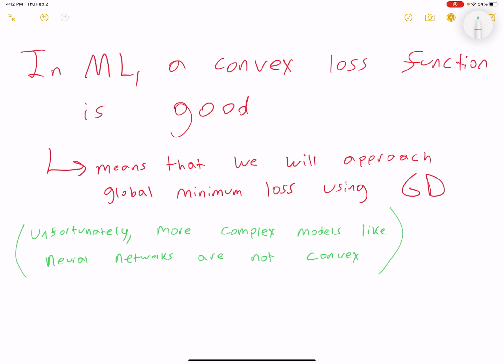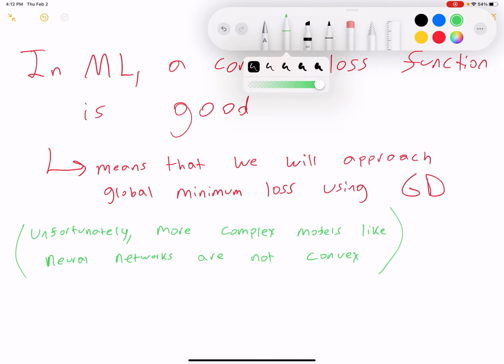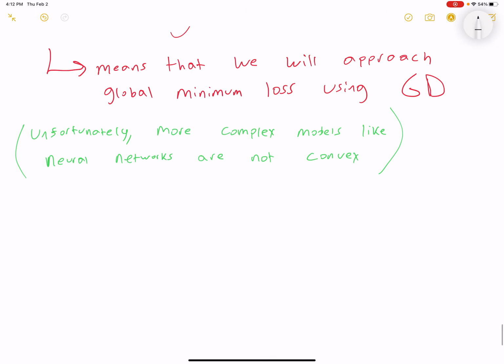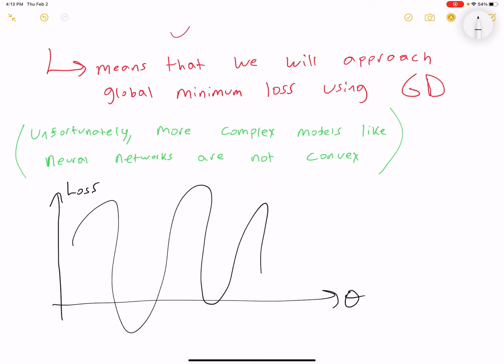And so in a neural network, you might get to a situation where, for example, we're back to theta and loss. So going back to those being the labels to the axes, you might have a loss function like that.